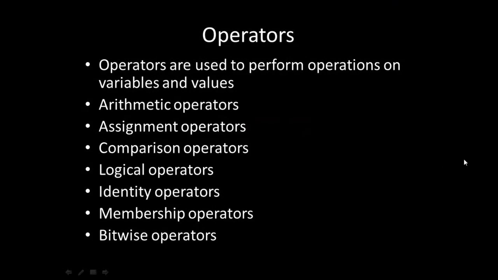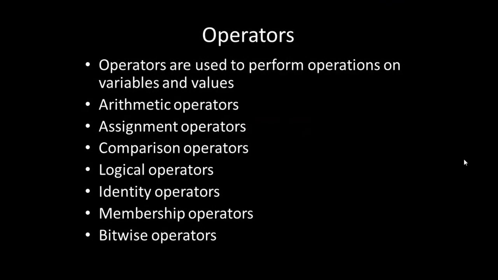Now variables are the names, right? Like for example, X, Y, Z, A, B, C, D, or fruits, vegetables. You can give anything as a variable name. And values are like the numbers or direct strings, like for example, 5. So X plus 5, here 5 is a value.